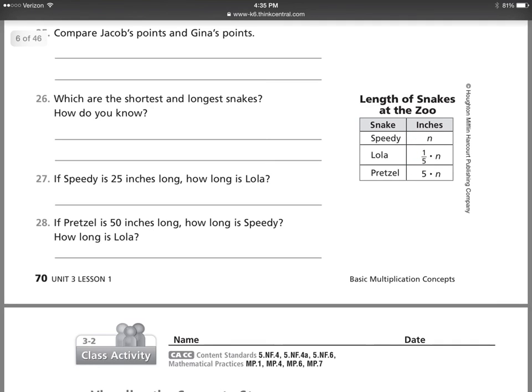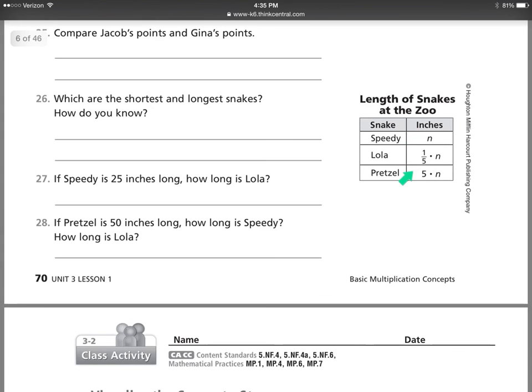So for example, if Speedy was 10 inches long, Lola would only be 1/5 of that. Not even the same amount of inches, but only 1/5 of it. You'd have to cut Speedy's length into 5 equal parts and take one of those parts to find out how much Lola is. So Lola's not going to be as long as Speedy.